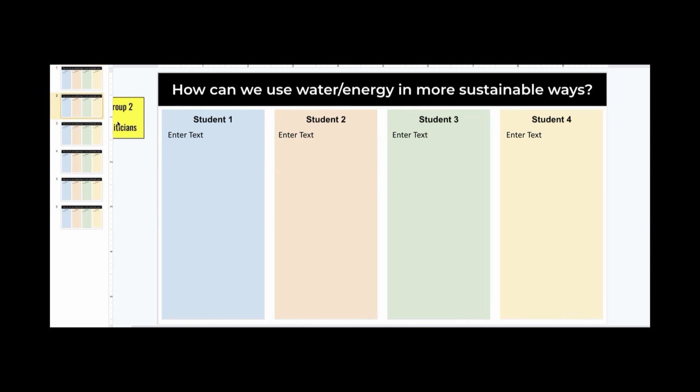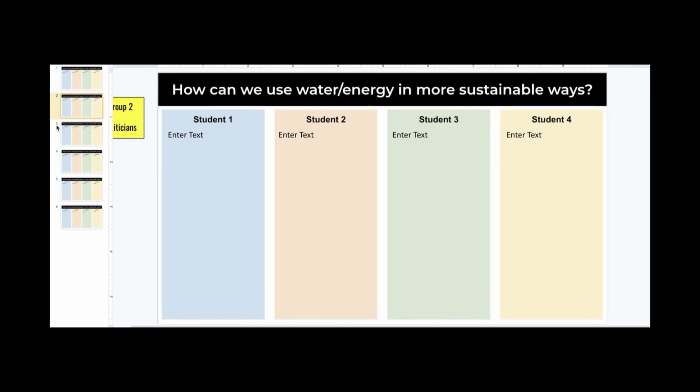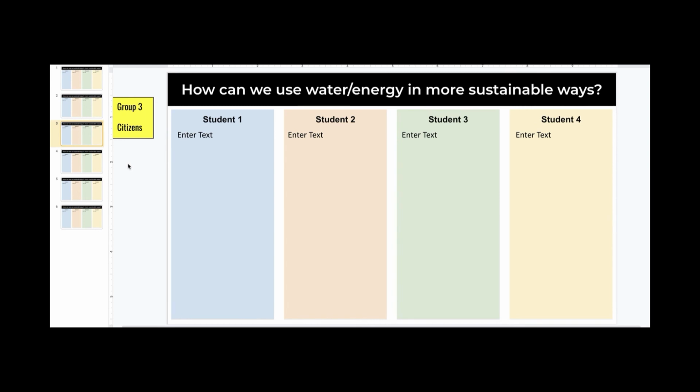Group 2, you're going to respond to that question from the perspective of a politician. Group 3, from the perspective of an ordinary citizen. So again, just some different ways that you might be able to create or design something using what you have to get kids to engage in some conversation.